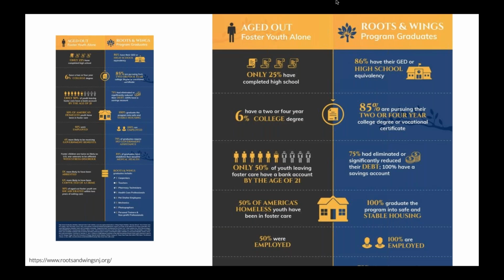So this is an example from Roots and Wings, and they give a really beautifully laid out infographic that exactly displays the difference between those who do not grow up in their system and those who do. And so you can see pretty point blank the incredible effect that their organization does right off the bat.